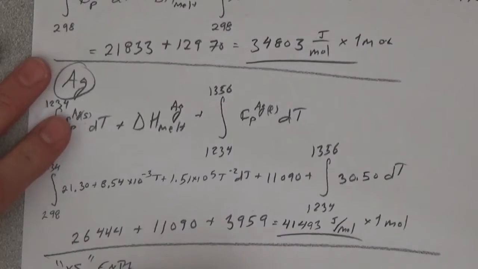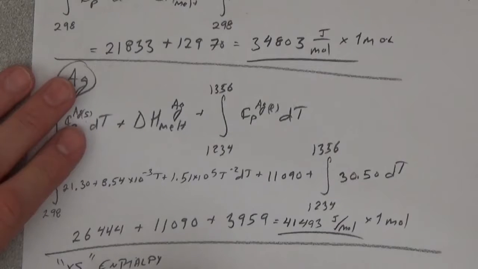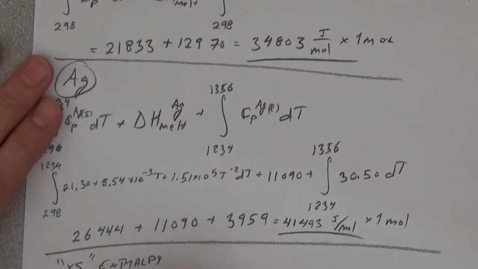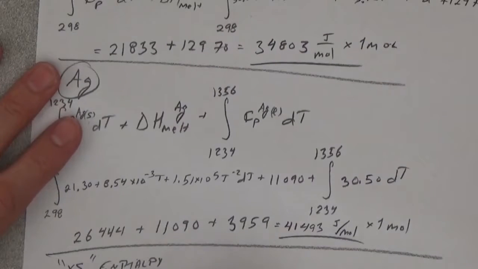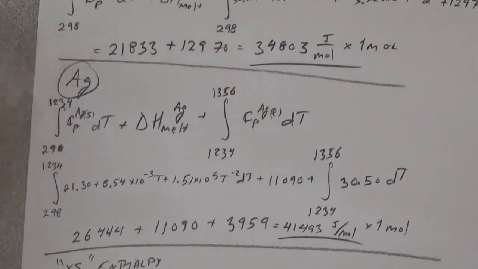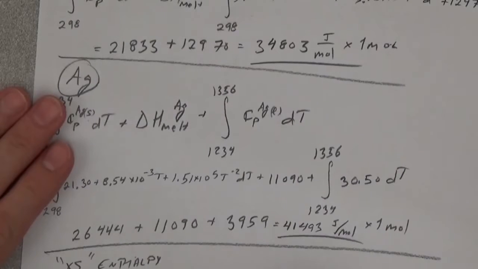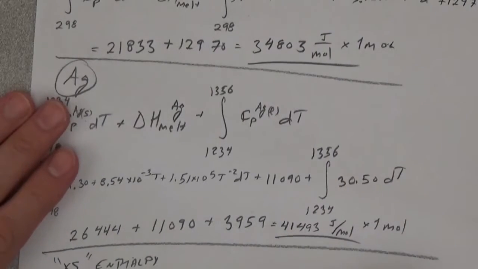And that is minus 20590 times the mole fraction of copper times the mole fraction of silver, and it's a 1-to-1 ratio, so that is 0.5 times 0.5, which is 0.25, which is equal to minus 5148 joule per mole.